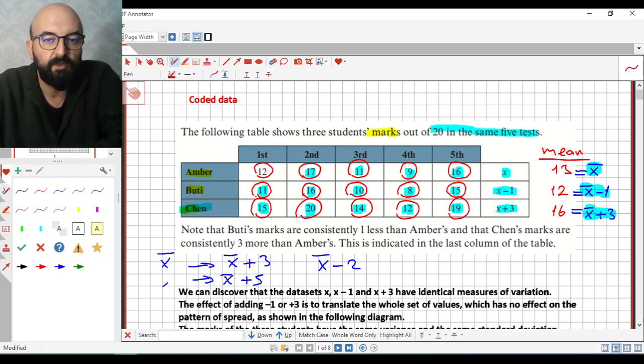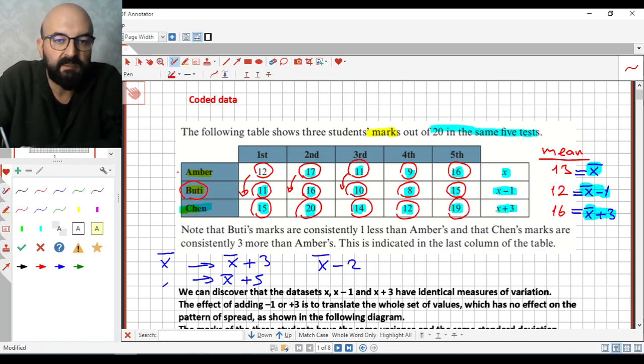If you notice, every one of Booty's marks is one less than Amber's marks. For example, 11 is 12 minus 1, 16 is 17 minus 1, 10 is 11 minus 1, and 10.